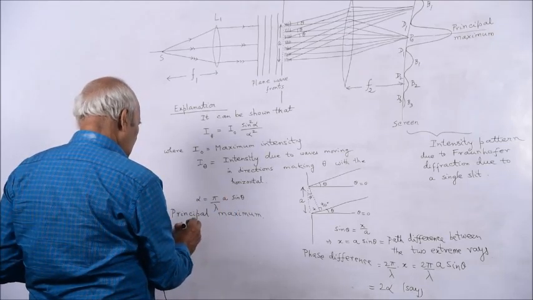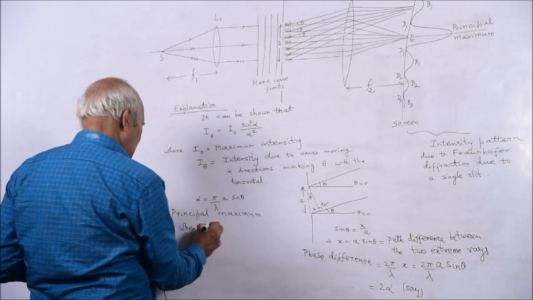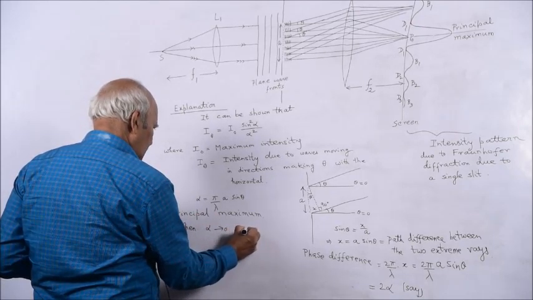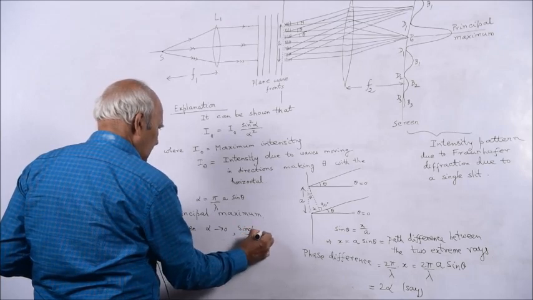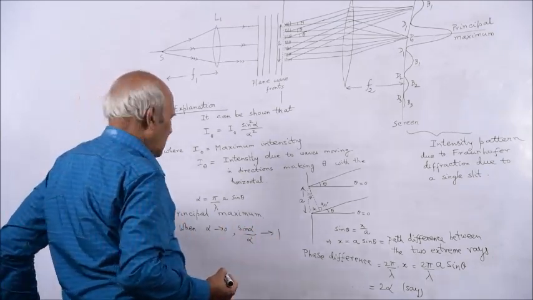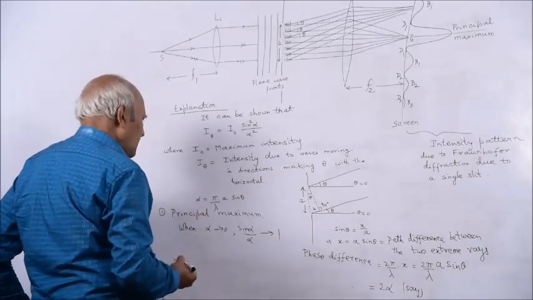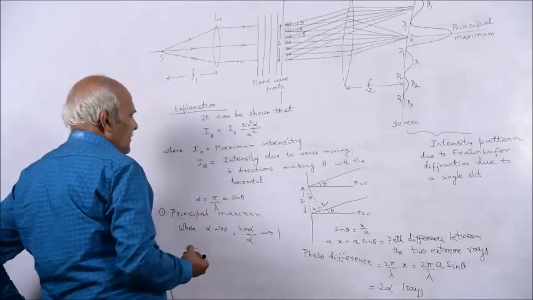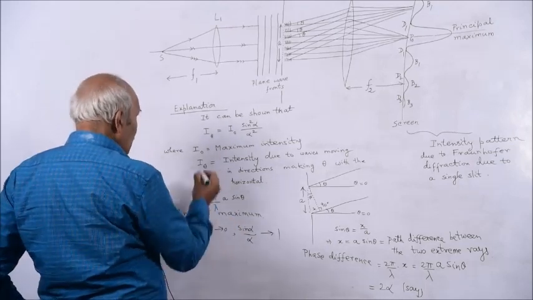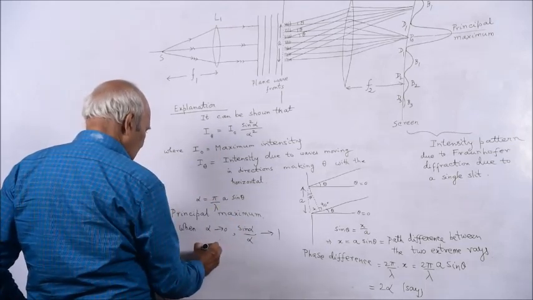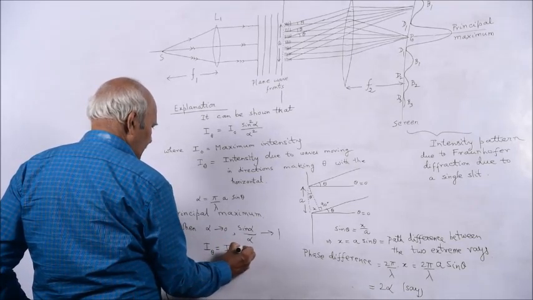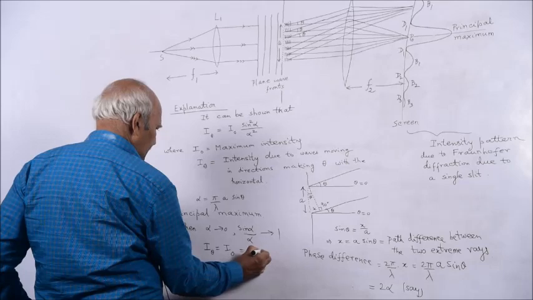When alpha tends to 0, sin alpha by alpha tends to 1. This is a mathematically established fact that sin theta by theta, when theta tends to 0, is 1. So I theta is equal to I 0, that is maximum.